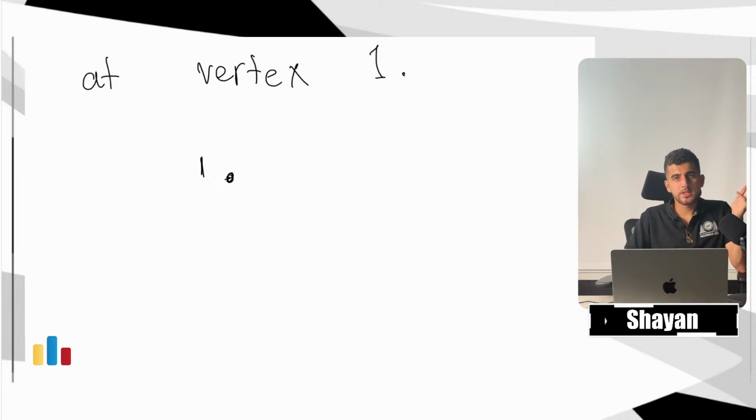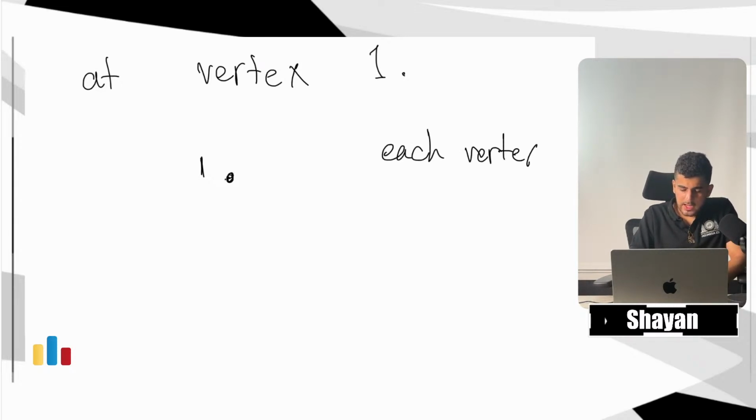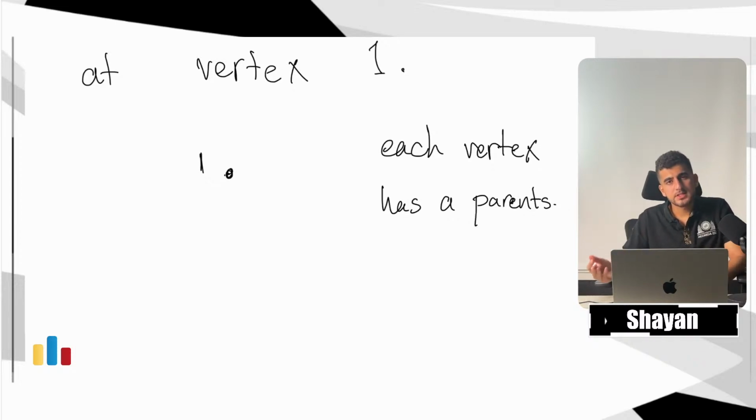If you're familiar with trees, when you make a tree rooted, each vertex has a parent. And if we find the parents, we're going to know what exactly our tree is.